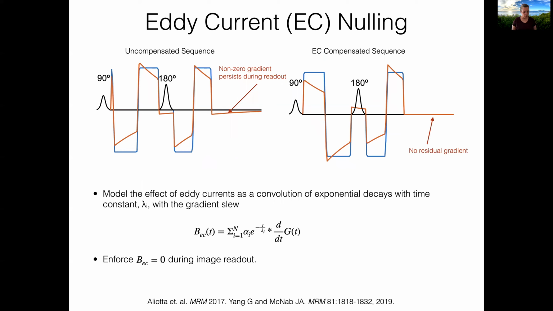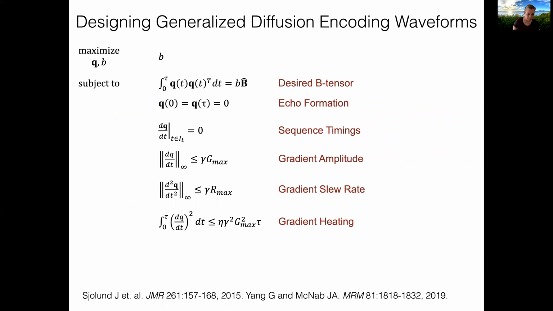So Grant Yang, again from my group, modeled the effect of eddy currents as a simple convolution of exponential decays with certain given time constants with the gradient slew, and just enforced the requirement that these eddy currents were 0 at the time of the image readout.